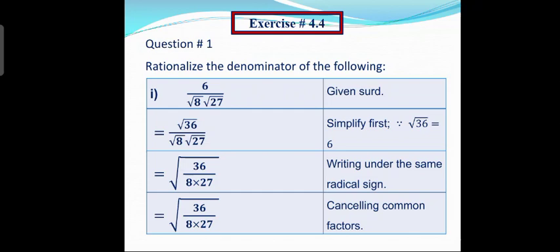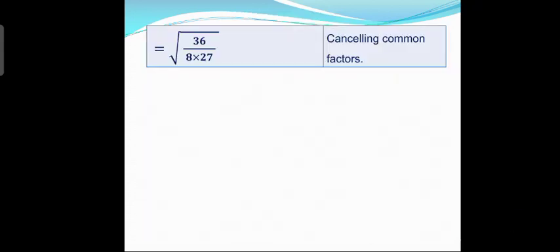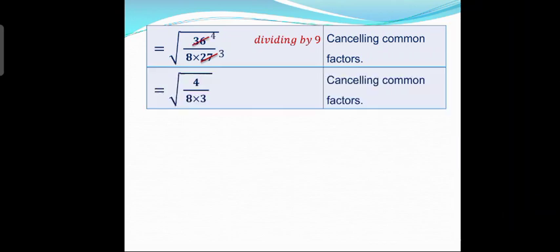So first of all, cancelling the common factors. Dividing by 9. 9 3 times 27 and 9 4 times 36.